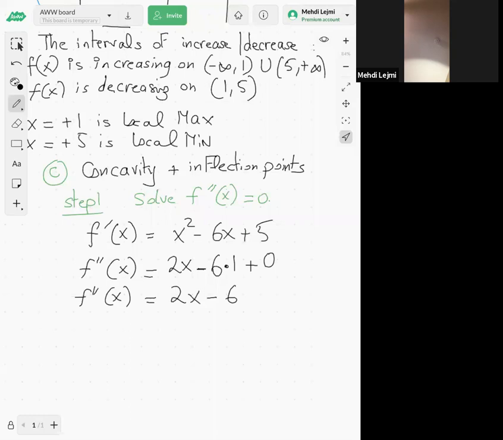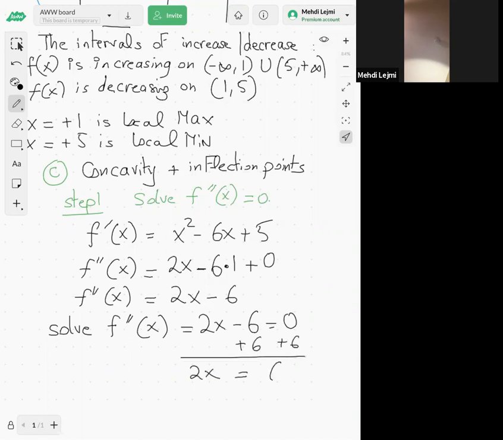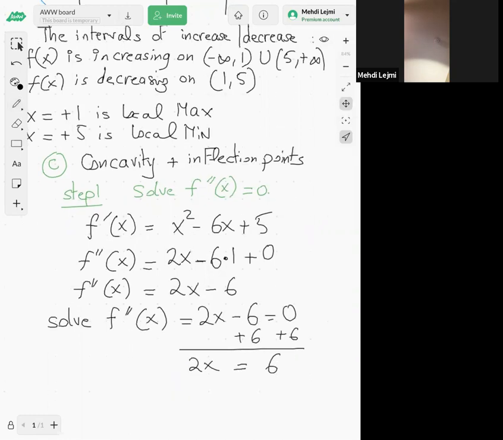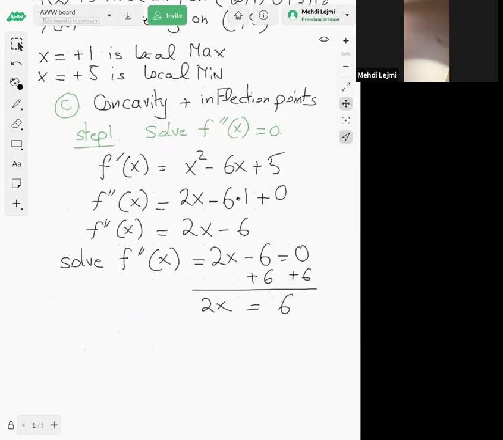So we have to solve now f second equal to 0. So we have to solve 2x minus 6 equal to 0. Plus 6 both sides, so it's just 2x equal to positive 6. And then, of course, we divide by 2 both sides. So then x is equal to positive 3.